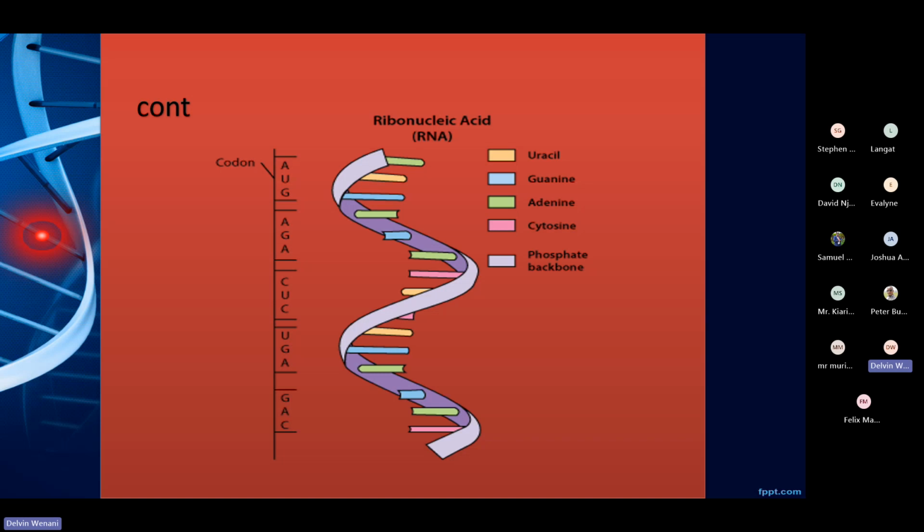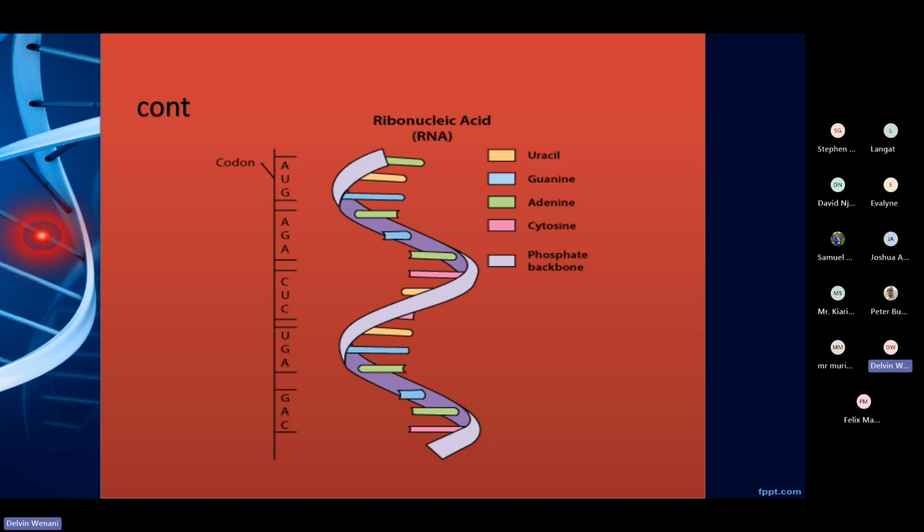So the RNA will now carry the information from the DNA inside the nucleus and transmit it to the proteins which are found in the cytoplasm. And that's why we say the RNA is a messenger. When you check the books, it's written with a small m, messenger RNA.